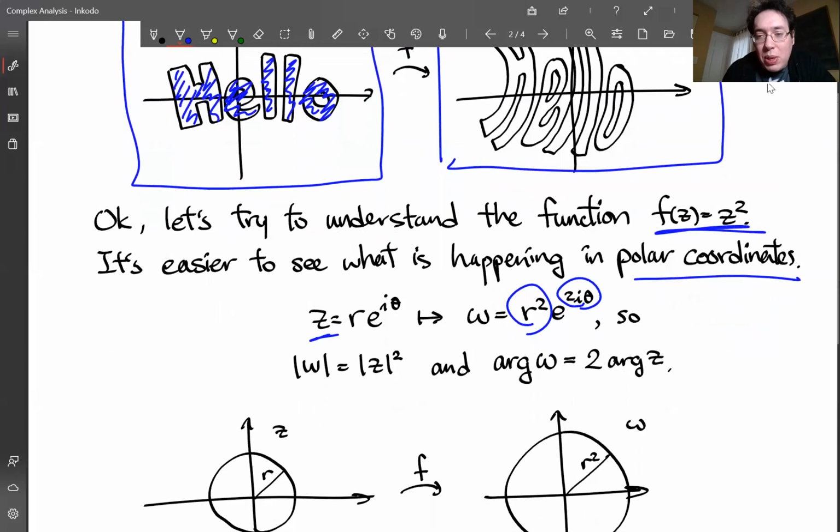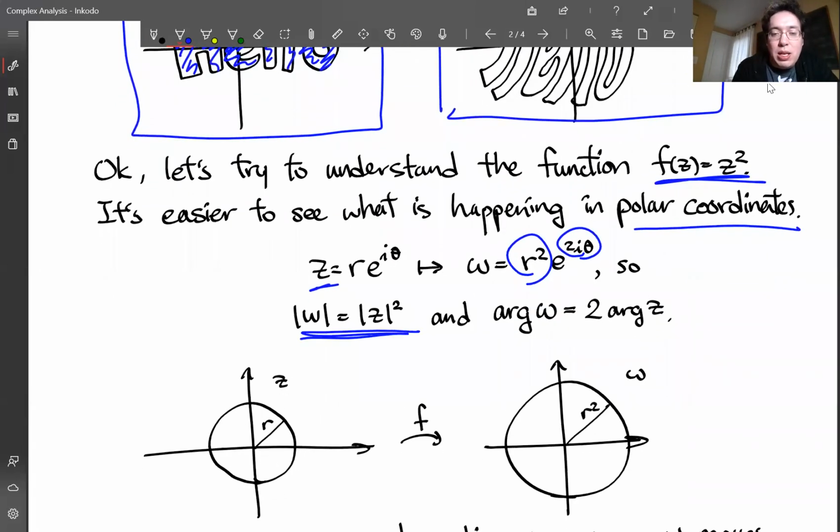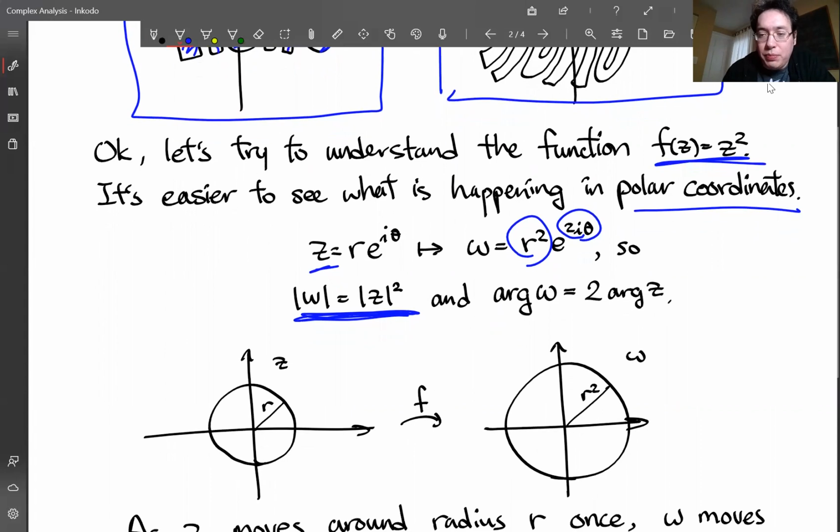So we can understand it in two different ways. The modulus of the output is the square of what it was before. And the argument of the output is twice the input argument. Those are the two things that the square function is doing.